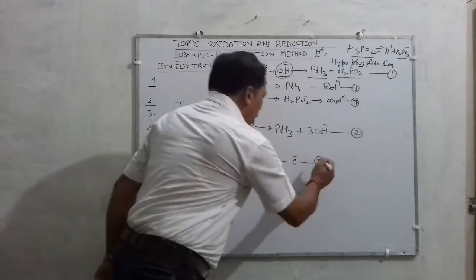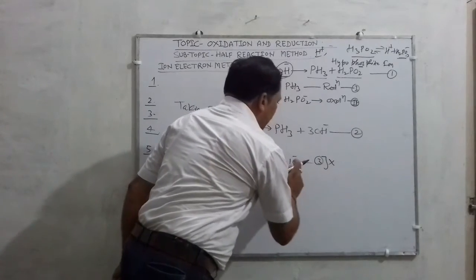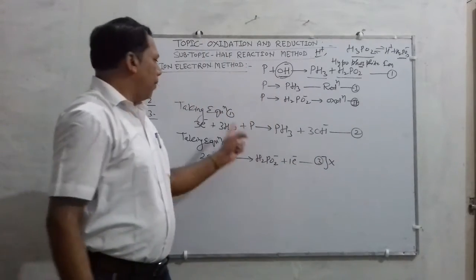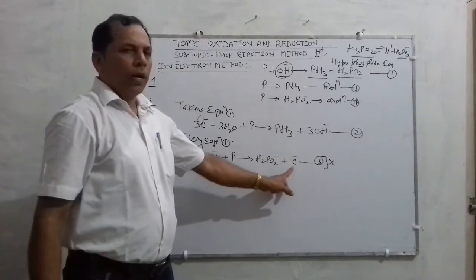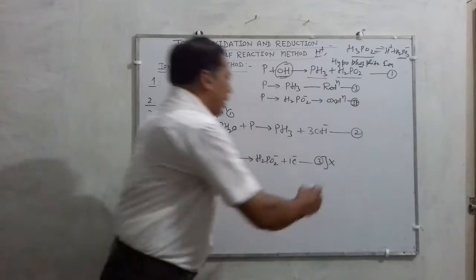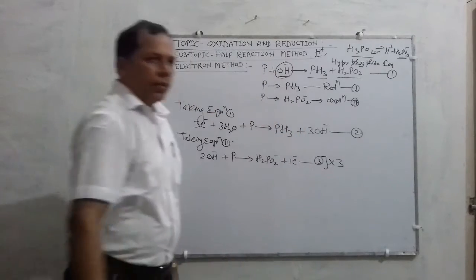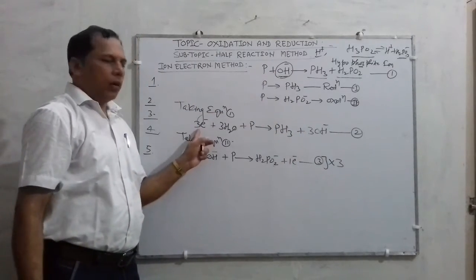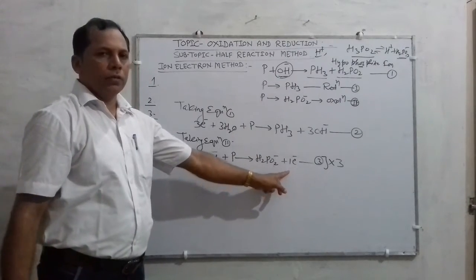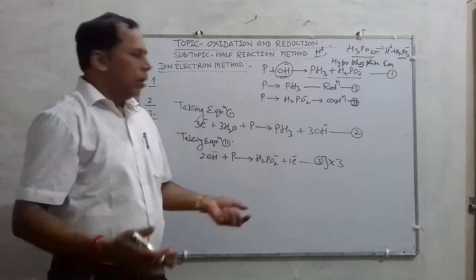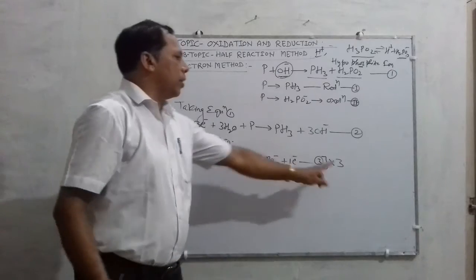So for the cancellation of this odd electron, you have to multiply this reaction by 3. Listen once more, since there are 3 electrons here and 1 electron here, for the cancellation of electrons, according to the rule, this gets multiplied by 3.